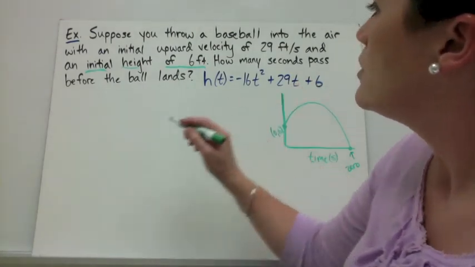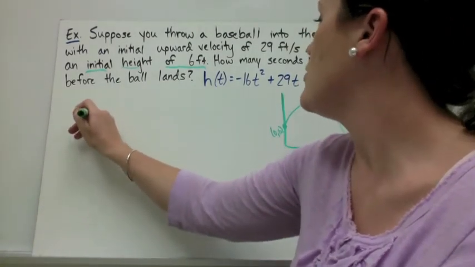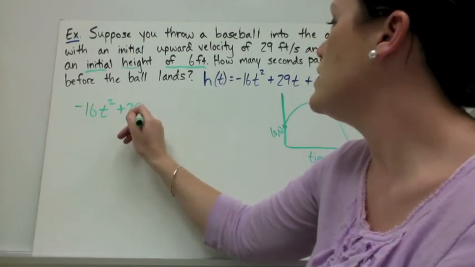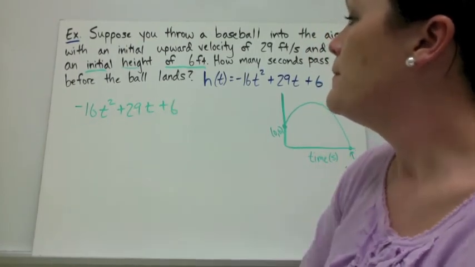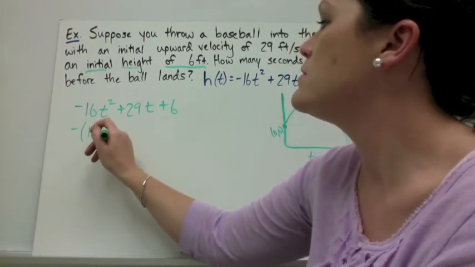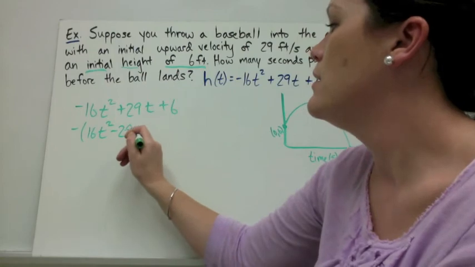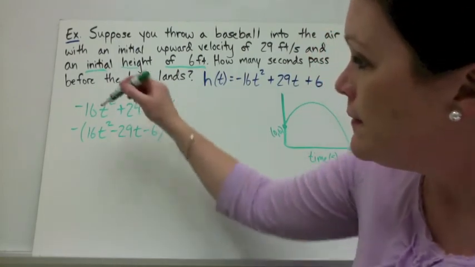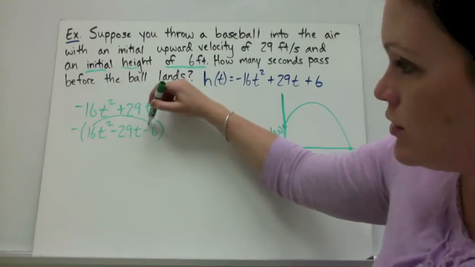So let's start over here and write down our function. Negative 16t squared plus 29t plus 6. And if we take out the negative, we will have 16t squared minus 29t minus 6, because you don't want to factor with that negative right there. And then we can start working on our trinomial.